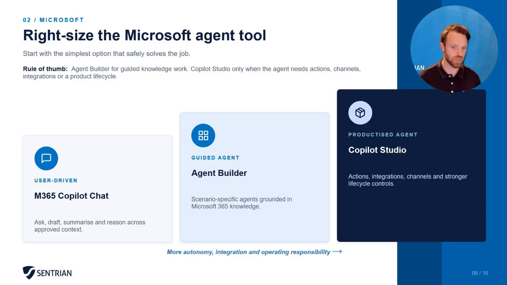We can deploy it to more channels. We can employ lifecycle management and controls as well. So it's really the next step to productizing your agent and increasing its capability, which in itself comes with additional risk and considerations around build and maintenance as well, which we'll have a chat about a little bit later.